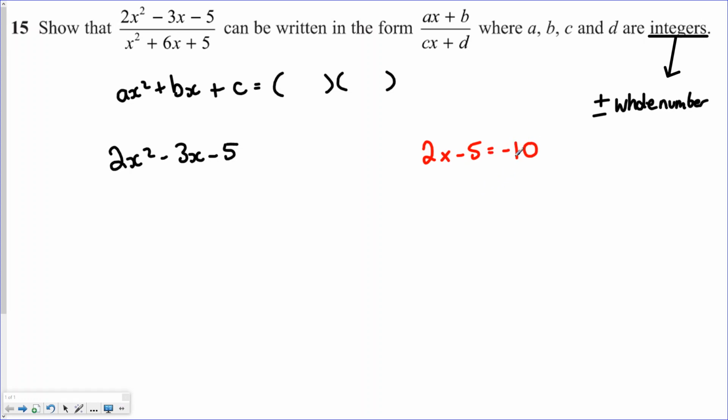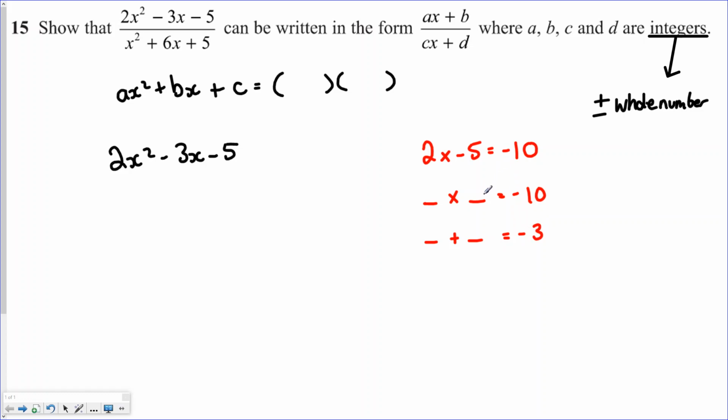Now the rule is I need to find two numbers that multiply to give me minus 10, and the same two numbers add to give me b, which in this case is minus 3.